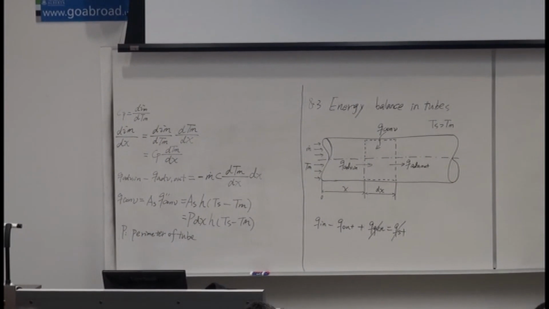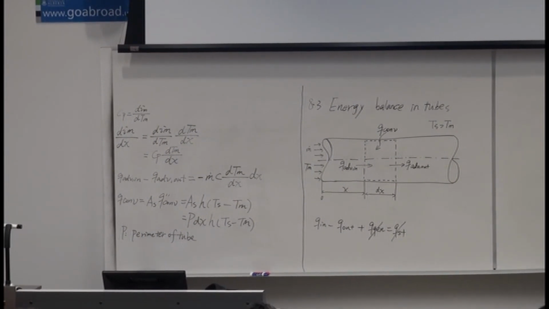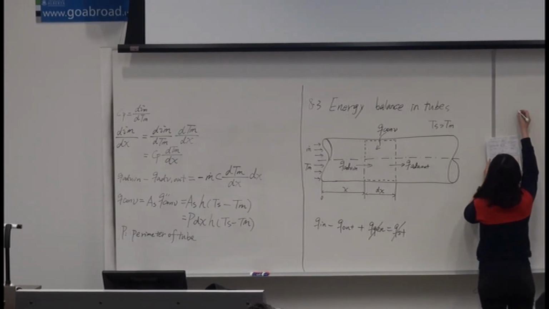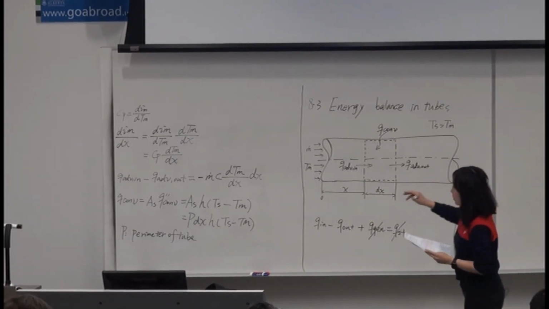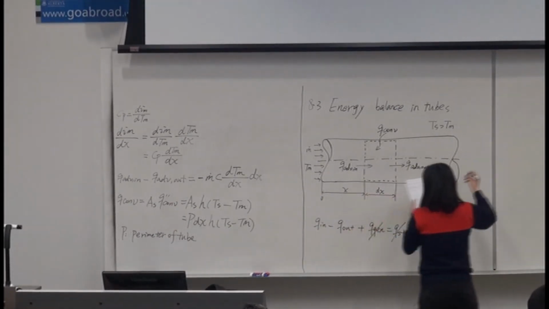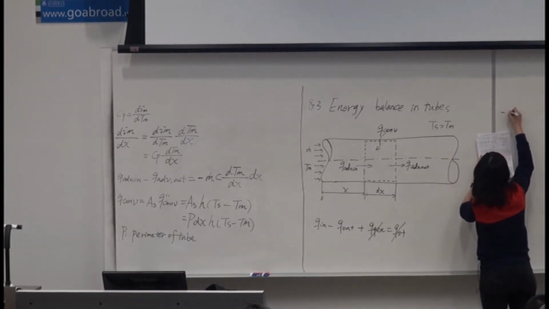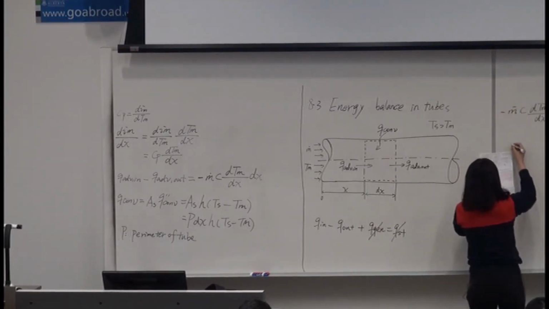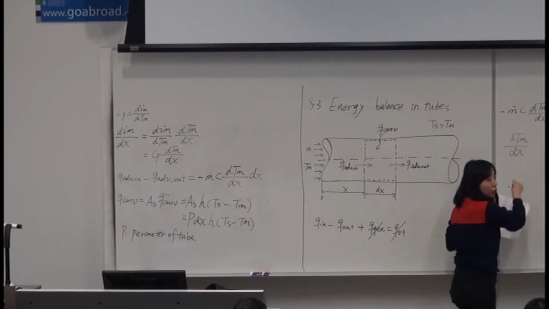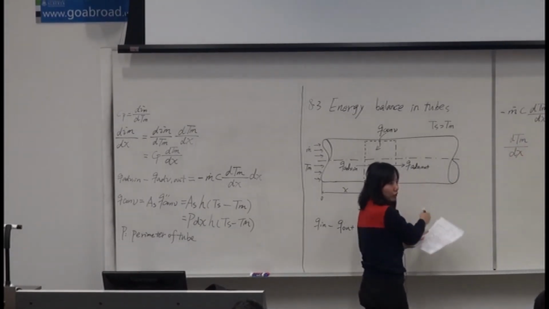And we have identified Q advection in minus Q advection out. We identified a convection term. Let's put all of them together. We would have our Q advection, this term plus this term, right? Then we end up with how the mean temperature varies along the length of the tube, not the radius.